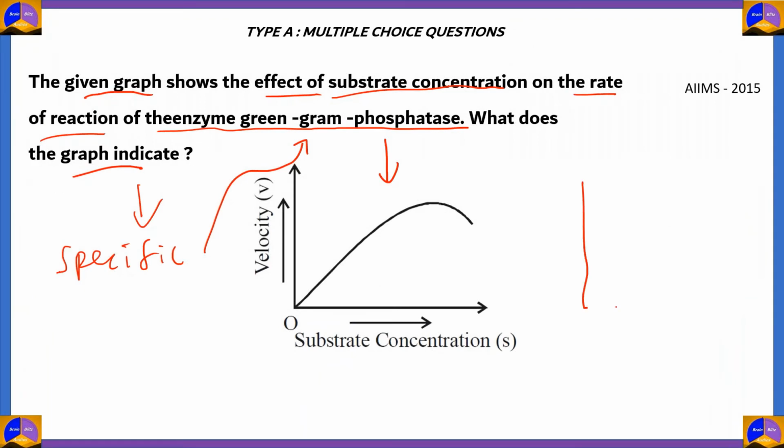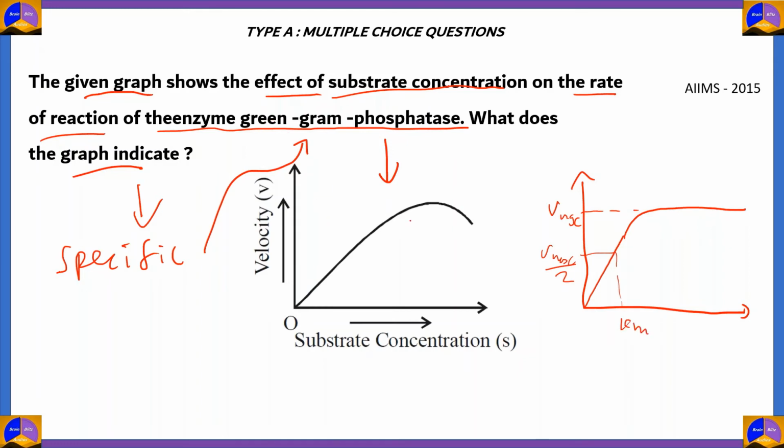In a normal graph, the graph goes up and then it stays constant at a particular value. That value is Vmax. And half of Vmax, which we can represent as Vmax by 2, gives you the Michaelis constant, Km.